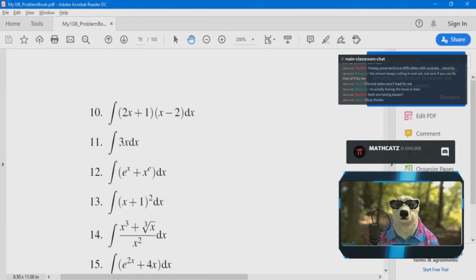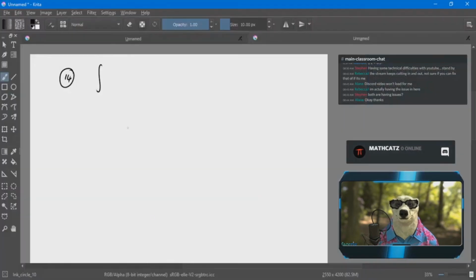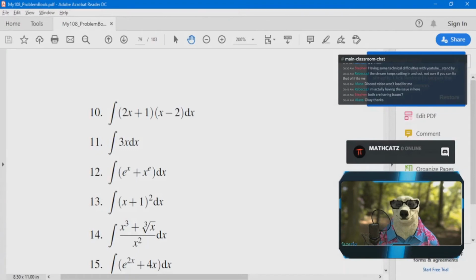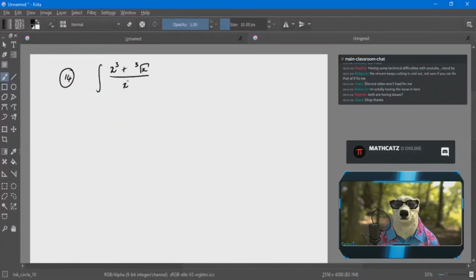X cubed plus cube root of x over x squared. And my variable is x. So my integral sign and my dx wrap the given function.